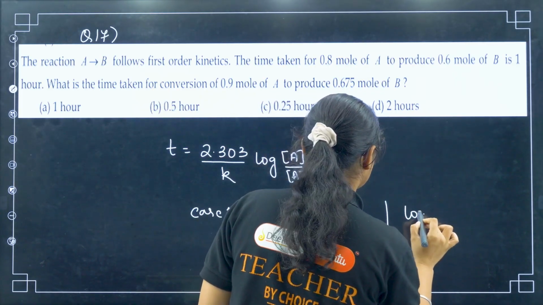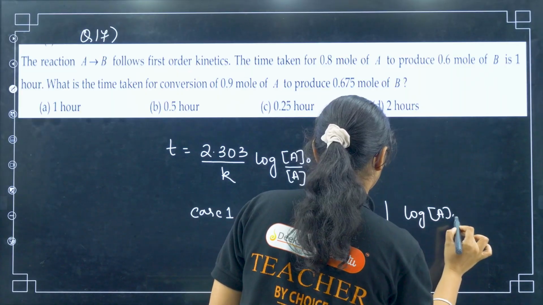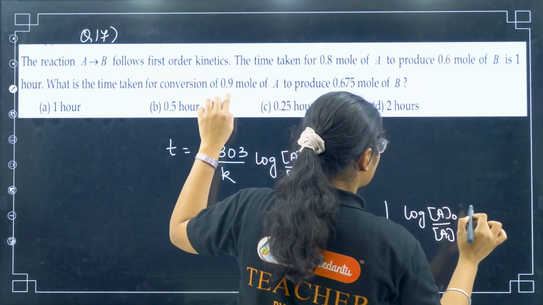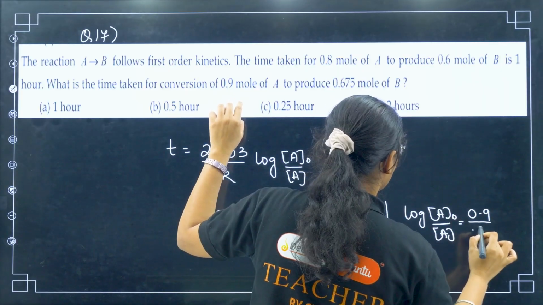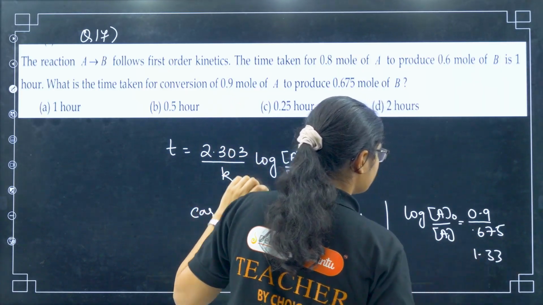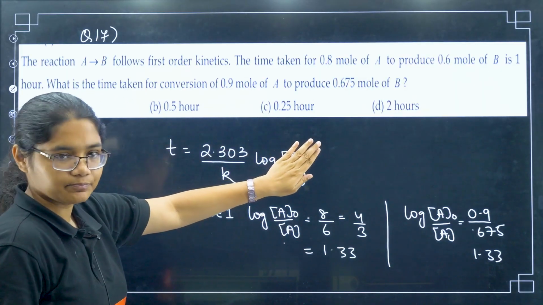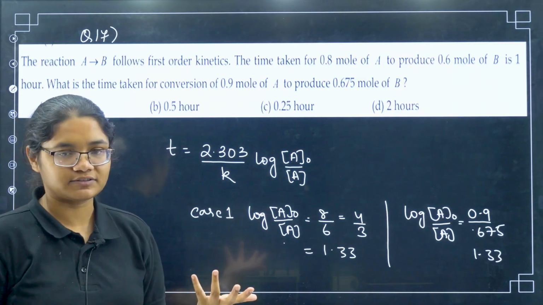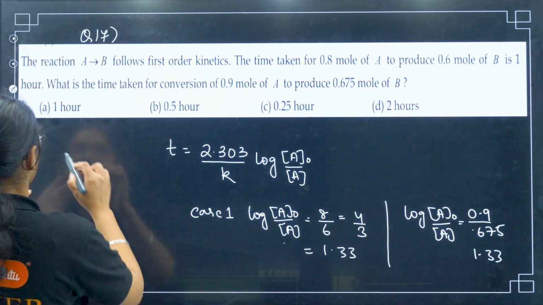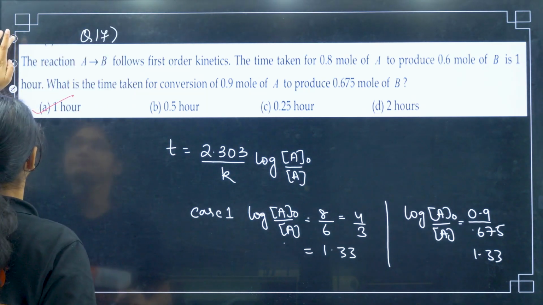Similarly for the second case, A naught by A will be equal to 0.9 divided by 0.675. Now this ratio is also 1.33. That means this part is the same for both reactions and the K value is constant, so the time taken will also be equal. So the time value here will be 1 hour.